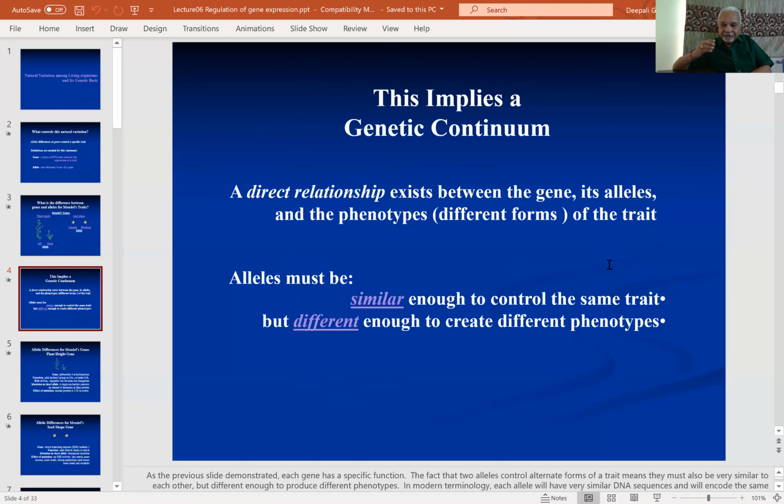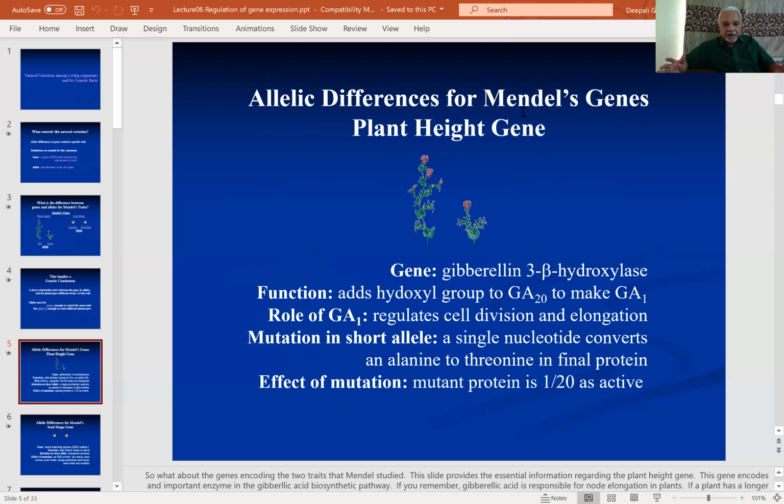Okay. So further, the gene basis of this was also understood, that is, how allelic differences of Mendel's gene control the plant height. Subsequently, when functional genomics came into existence, these studies were redone.